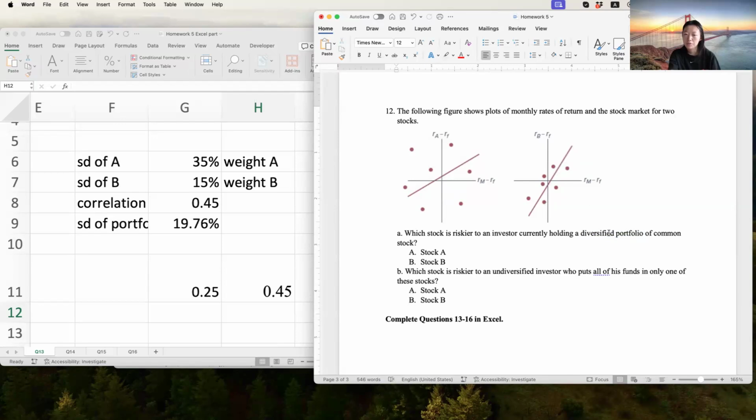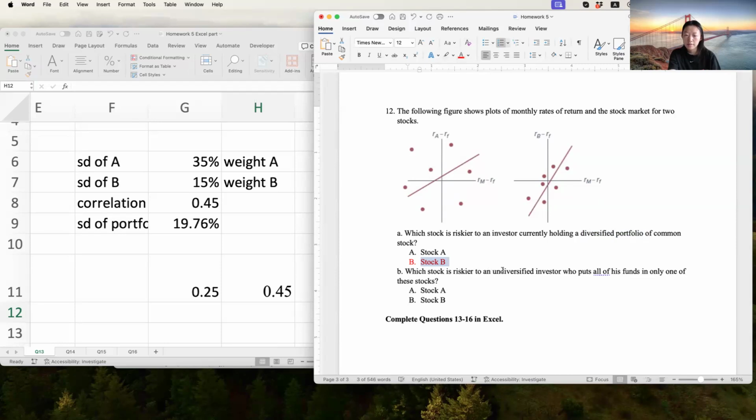B has not much effect to diversify the market portfolio, so B is relatively riskier to these investors.